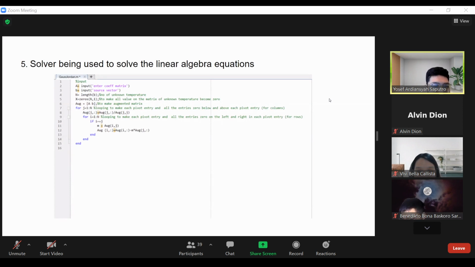After that, the program performs the augmented matrix formation, then loops to make each pivot entry and all the entries below and above each pivot entry 0. After the condition is reached, the program stops and displays the result in the command window.